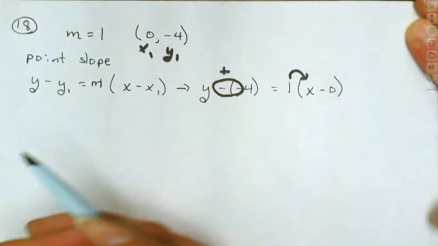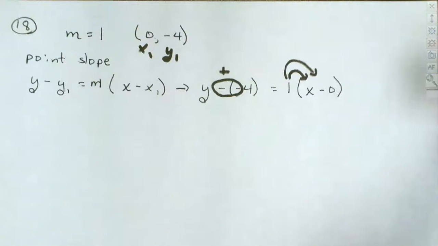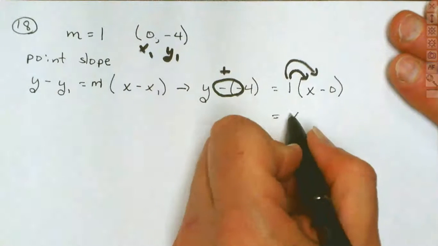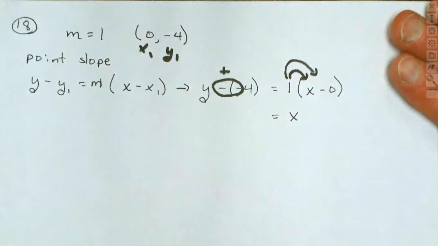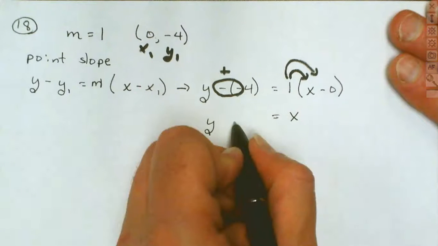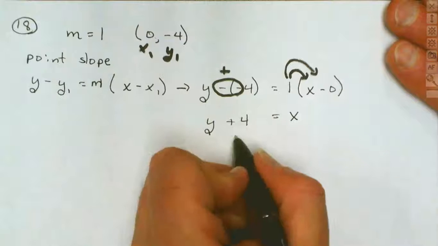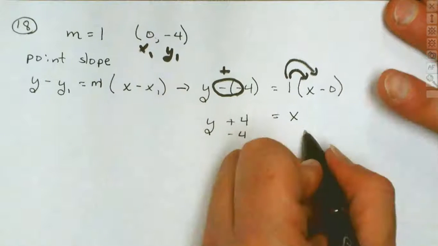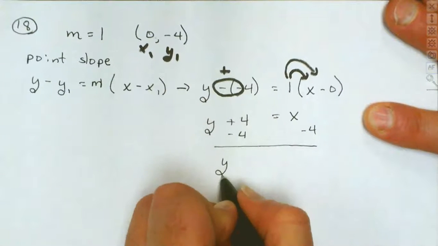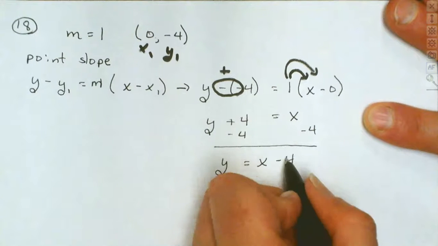When I distribute that 1 through, that 0 doesn't matter, so it's gone. So on the right-hand side, I am left simply with an x. The left-hand side, we have y plus 4. Move that 4 over, and we're done, which is y equals x minus 4.